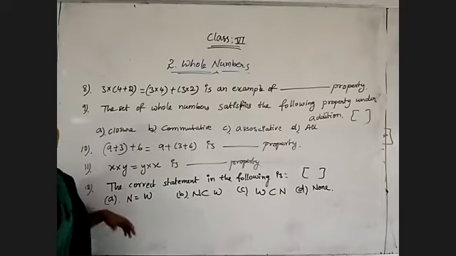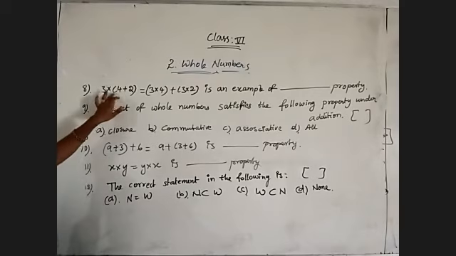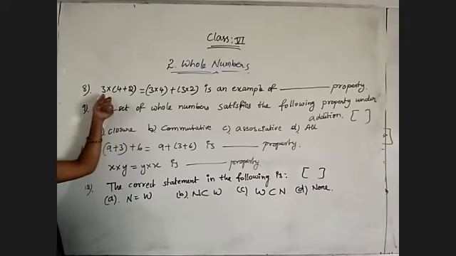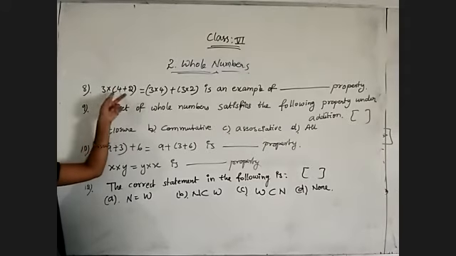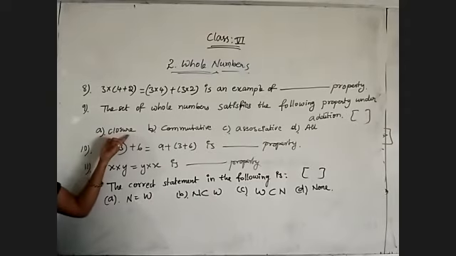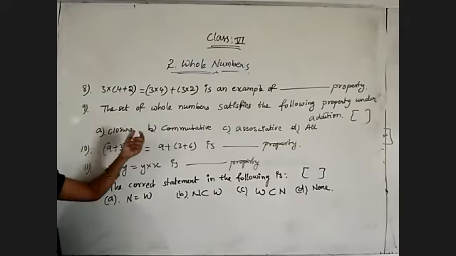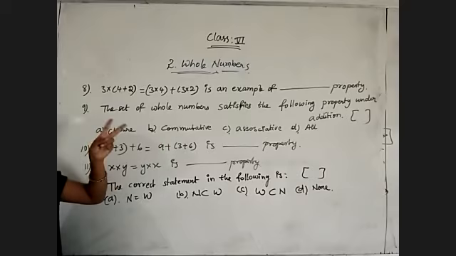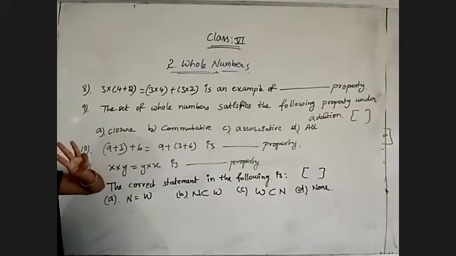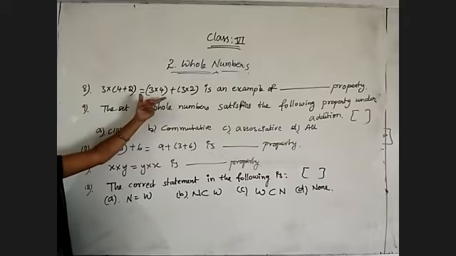Okay, let us finish these points. Observe 3 into 4 plus 2. As I told you several times, into and plus both operations are involved. So which property is it? We have different properties: closure, commutative, associative, distributive. For closure property only the result we need to check, but here not only the result is asked. Commutative is two numbers interchanged, but that condition is not here. Associative is three numbers, but in the result we will get only three numbers.